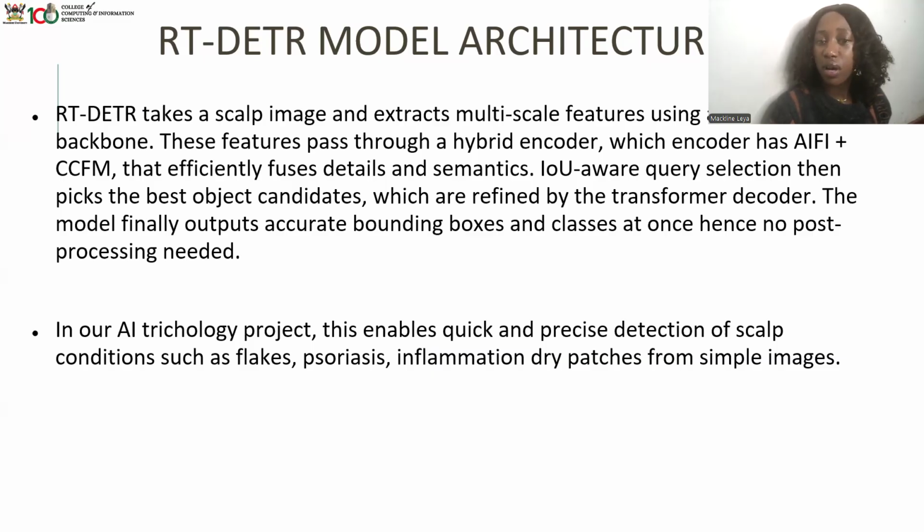Then the IoU, intersection over union aware query selection picks the best object candidates, which are refined by the transformer decoder. So the model finally outputs accurate bounding boxes and classes at once, hence no post-processing needed.